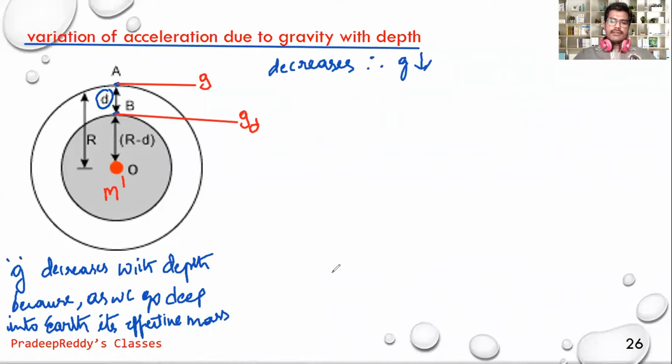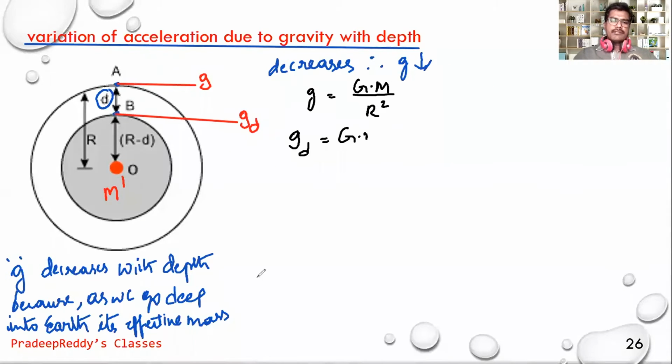Now, on the surface of the earth, you can write acceleration due to gravity g is equal to capital G, capital M divided by R square. Now, what about acceleration due to gravity at depth d? So, acceleration due to gravity at depth d will be capital G, which is however constant, and M is M dash.